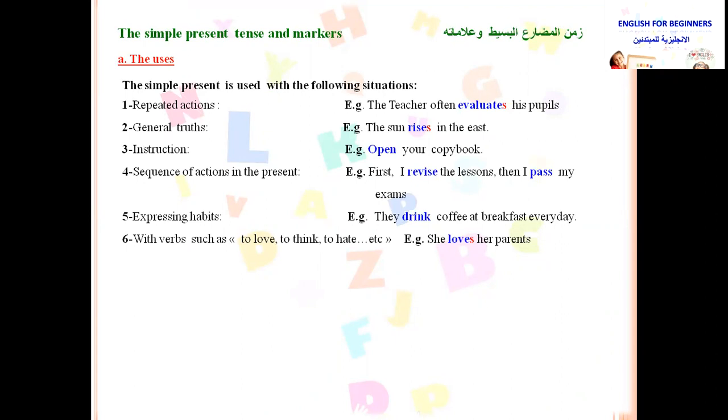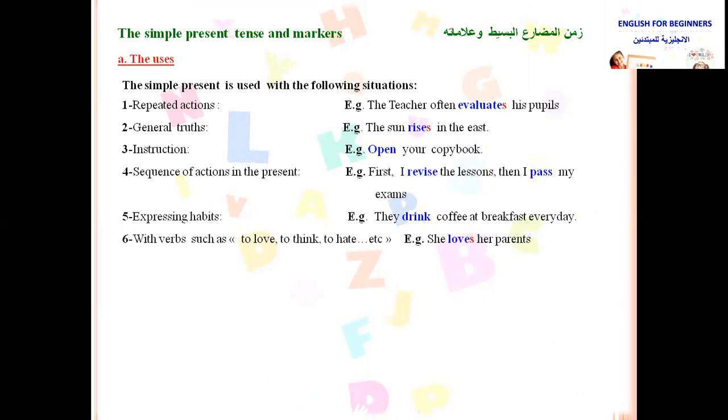Repeated action, like the teacher often evaluates his pupils, which means the teacher evaluates his pupils many times, more than one time, maybe two, maybe three, maybe four per week. So here, the teacher often evaluates his pupils. This is for repeated action.